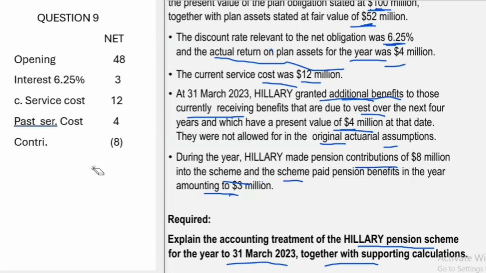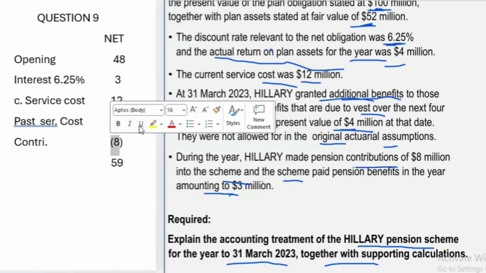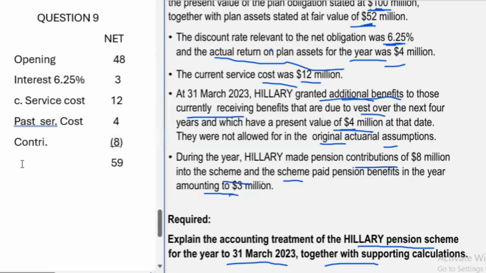Now leave that one and let's come back to the question and check something. 48 plus 3 plus 12 plus 4 minus 8. What do you get? 59. So 59 is the expected value. Are you following? If you analyze, you get 59. 59 is the expected value, right?